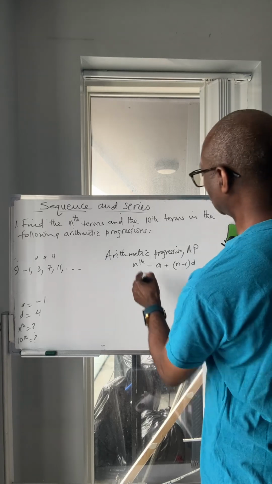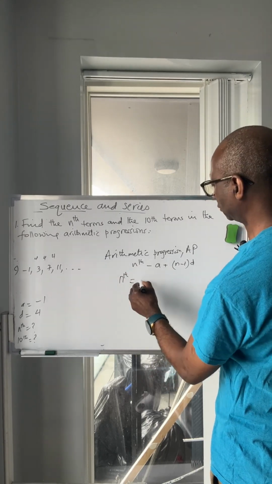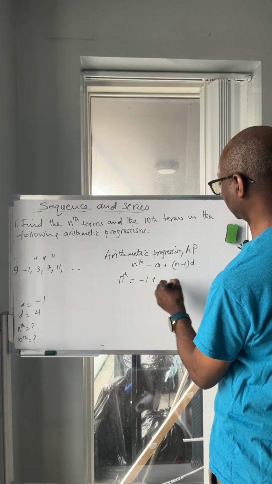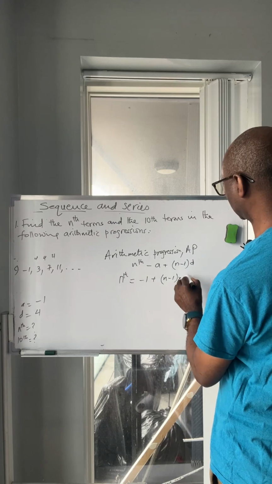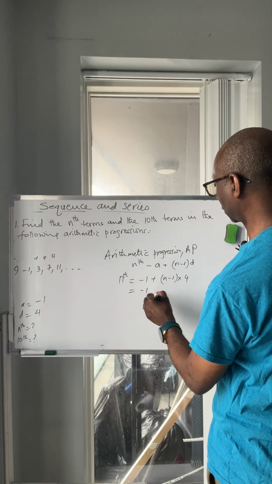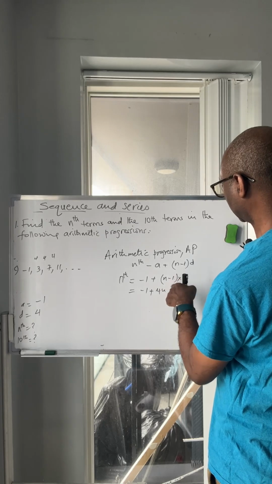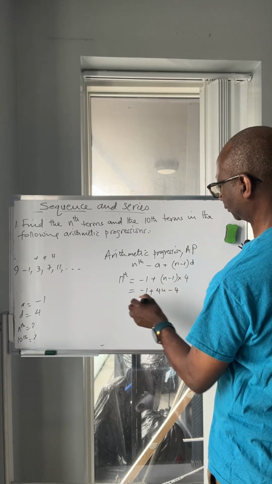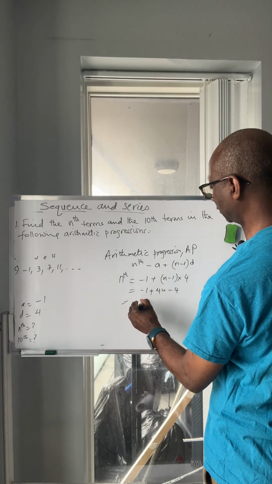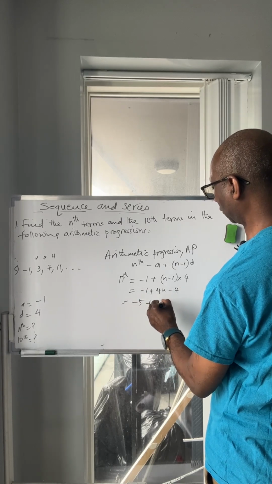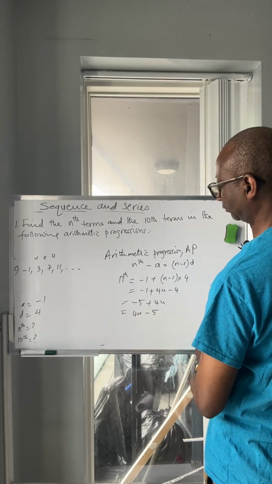So now your nth term here will become your first term, which is minus 1, plus n minus 1 times your difference, which is 4. So that gives you minus 1, and if you now distribute, you get 4n minus 4. Minus 1 minus 4 gives you minus 5 plus 4n, or equivalently 4n minus 5.